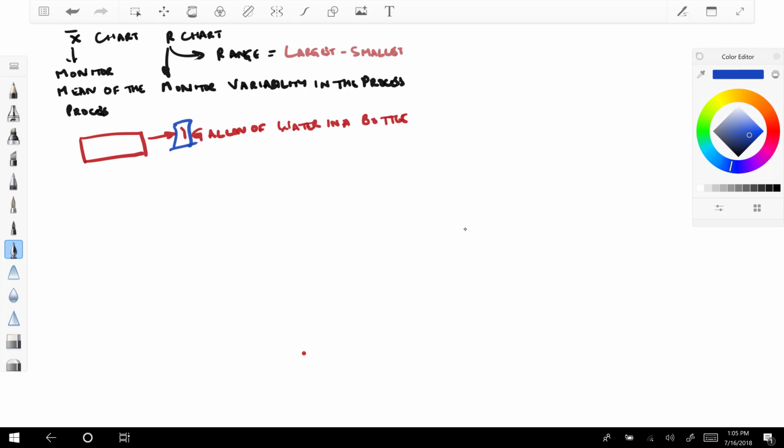So we want to capture how much we are shifting from this 1 gallon. For that we want to capture the mean of the process. One of the ways we can capture the mean is through XBar charts.